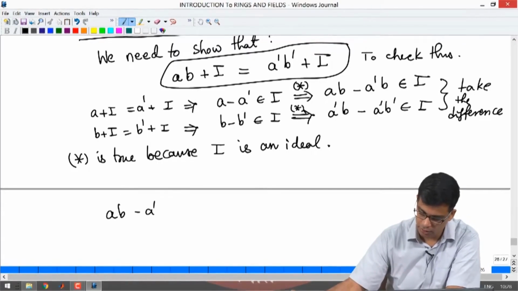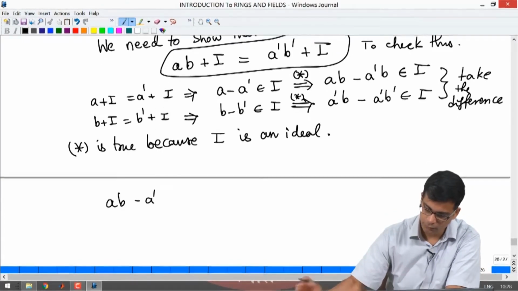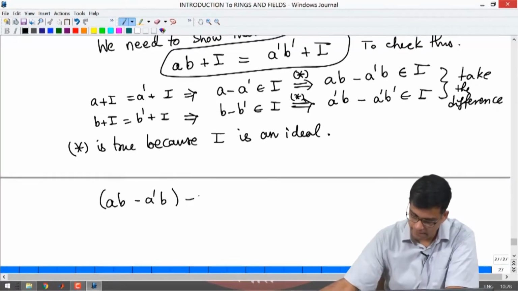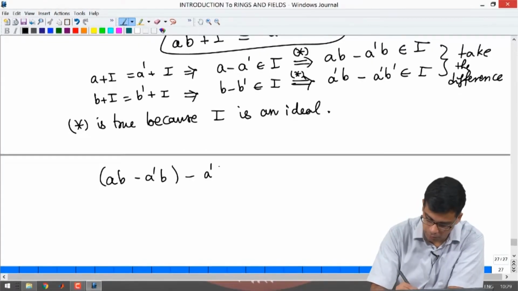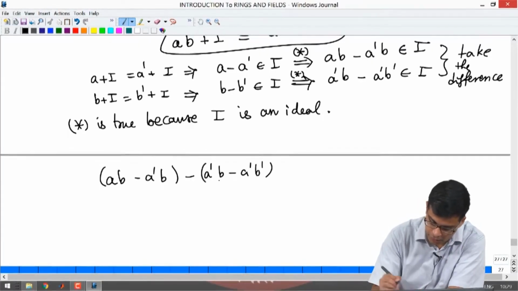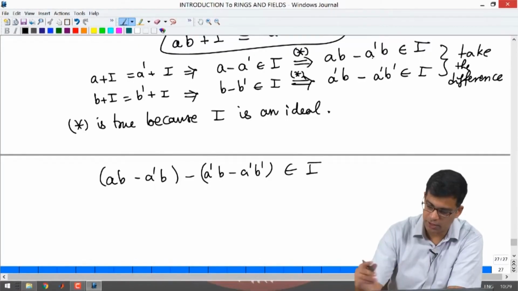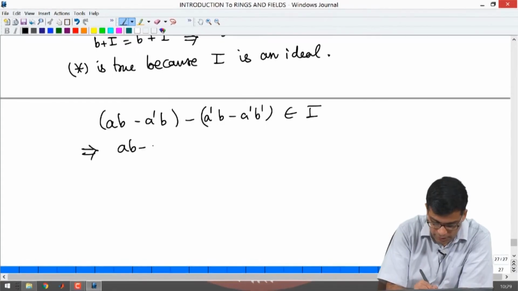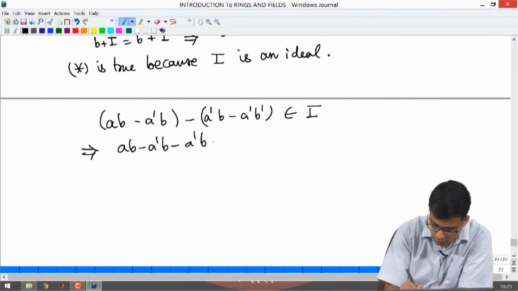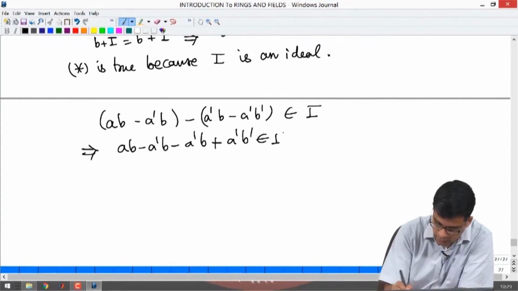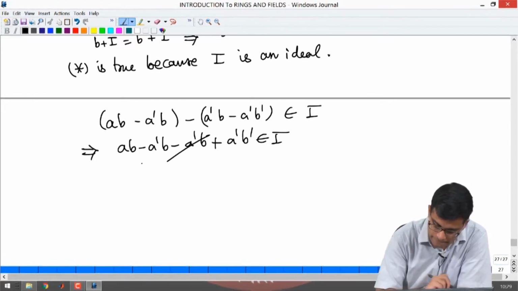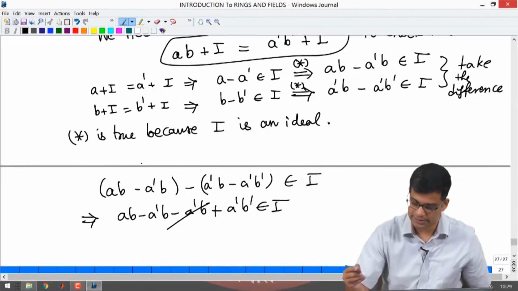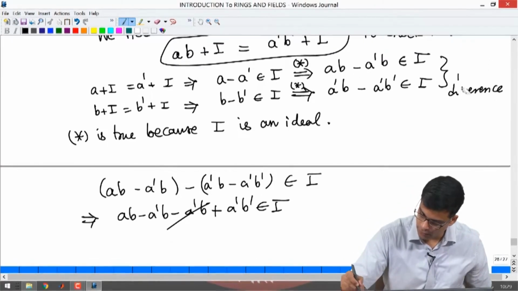So, now I take the difference. I get ab minus a prime b minus a prime b minus a prime b prime is in I, because individually they are in I, their difference is in I, but this means ab minus a prime b minus a prime b plus a prime b prime is in I. Actually, I am sorry, I got confused.